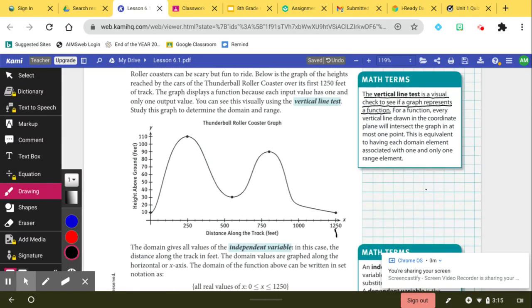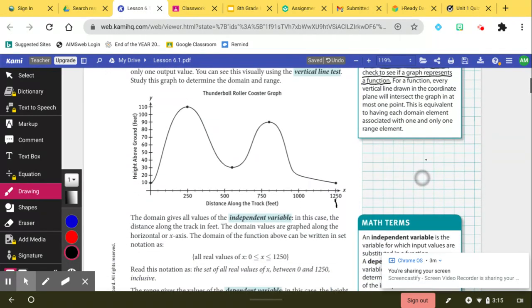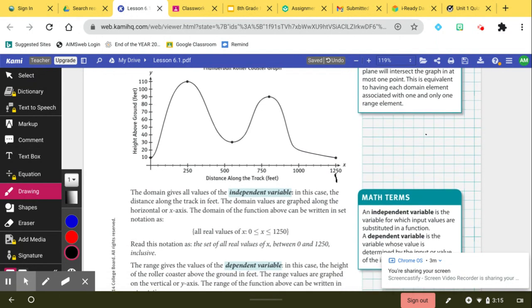It says study this graph to determine the domain and range. The domain gives all values of the independent variable. So the domain is my inputs. An independent variable is the variable for which the input values are substituted in for a function. It's kind of what controls the situation. In this case, it's the distance along the track in feet.